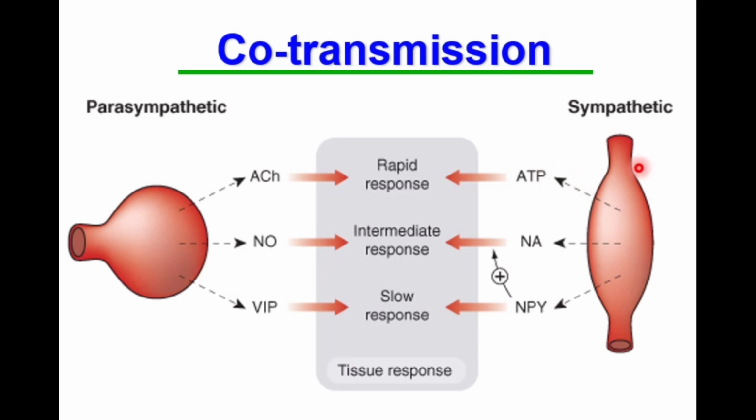For example, it is common that in the adrenergic neuron, noradrenaline is released with ATP or neuropeptide Y. In the parasympathetic neurons, acetylcholine is co-released with nitric oxide or vasoactive intestinal peptide, VIP.